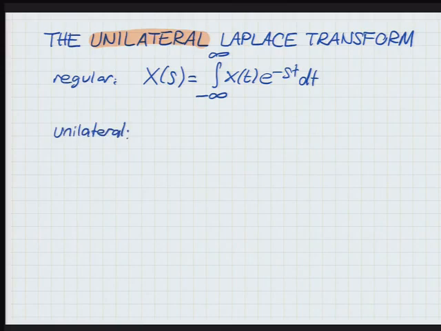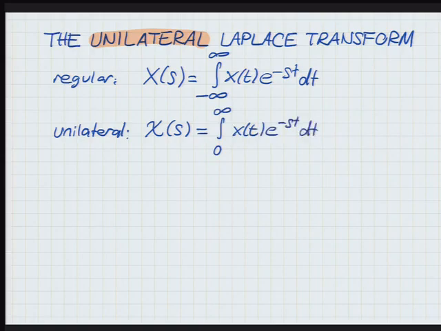Obviously, we need a different notation so we don't mix them up. So I'm going to use this curly x. Hopefully, it will be distinct from the other one. So now I start at 0, go to infinity, x of t e to the negative s t dt. Big deal, right? We just change the limits of the integration.